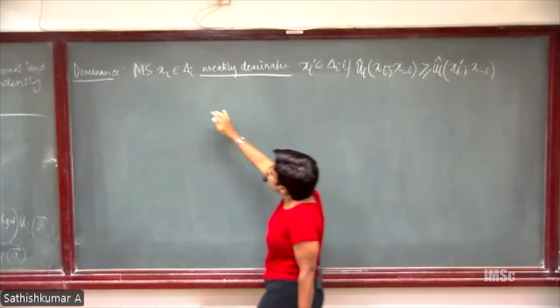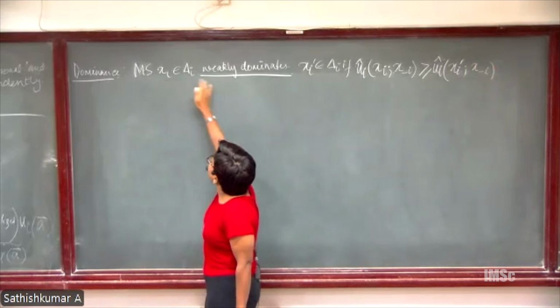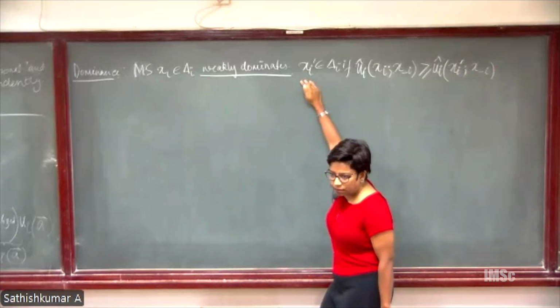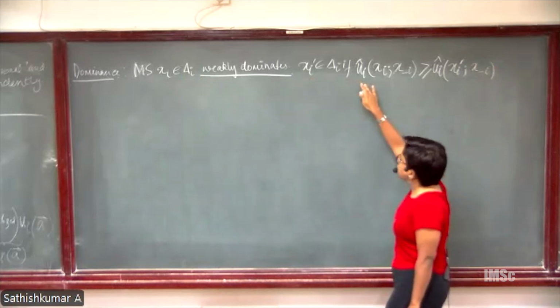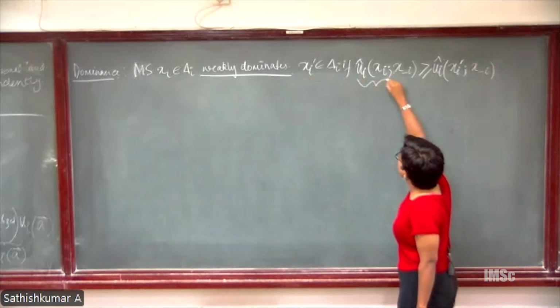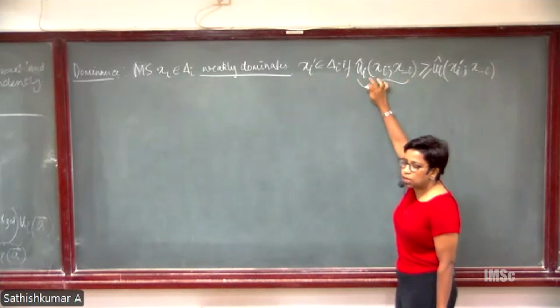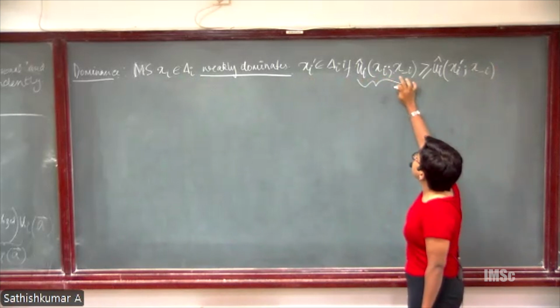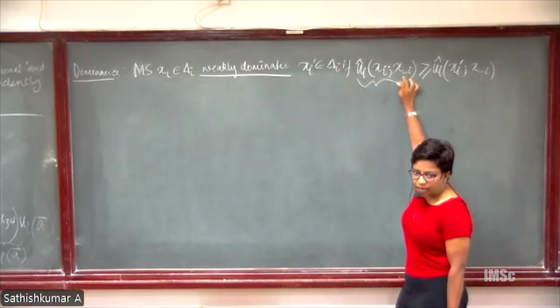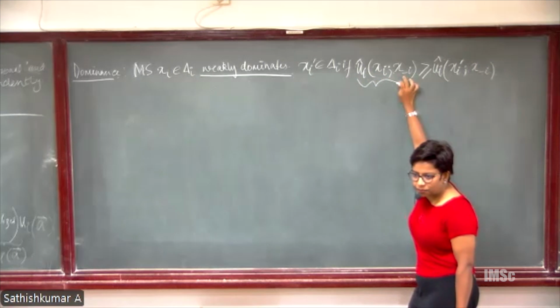Okay, so we are saying Xi weakly dominates Xi prime if what happens? The expected utility when individual I is playing strategy Xi, right? And so what does X minus I actually represent?